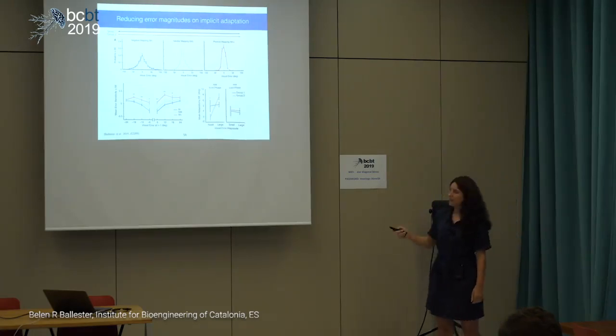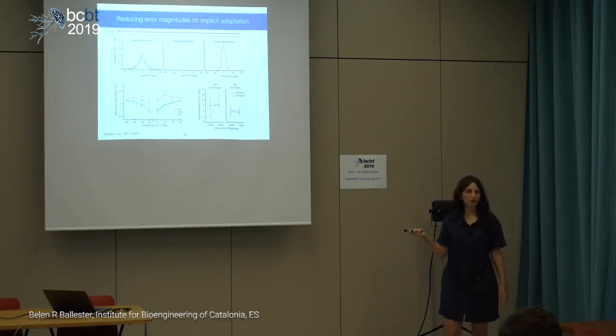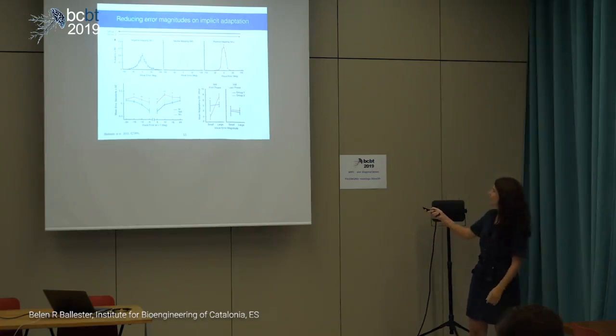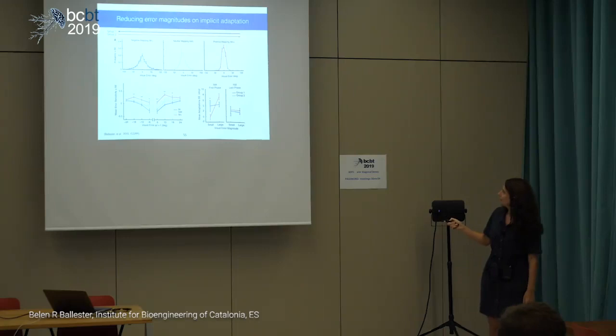And as you can see, initially we didn't see anything, okay? Each block was 150 trials. So we divided the neutral mapping block in two halves, the first half and the second half, and the effect popped up. So it's very interesting to see that those that were exposed to small errors, now they are learning highly from small errors.